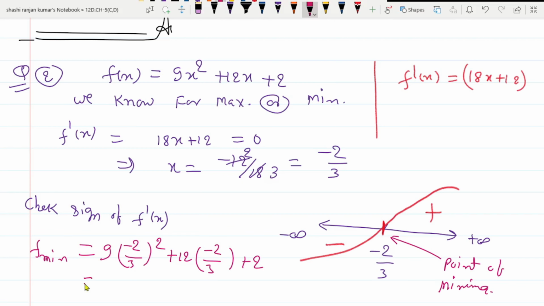If you put it here, what you are getting? 9 into 4 by 9, the 9 and 9 cancel, so this is 4 times... and here minus 8 and then plus 2. So 4 minus 8 plus 2 gives minus 2. So the minimum value of this function is minus 2. This function cannot be less than minus 2. The minimum value possible is minus 2. It is not less than that. Got it or not? It's clear, all of you?